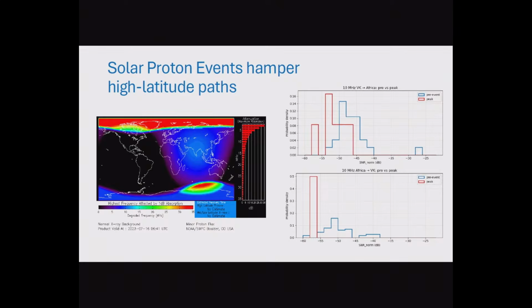So I looked at paths that were connecting Australia to Africa, and the blue curve here is the conditions prior to a proton event, and then the red is actually during the event, and it's taking out about 5 to 10 dB here at 10 megahertz, and you could do this at lower frequencies as well and see the effect. But that's a useful way of actually looking at some paths that would cross through this region where the protons are actually increasing D region ionisation.